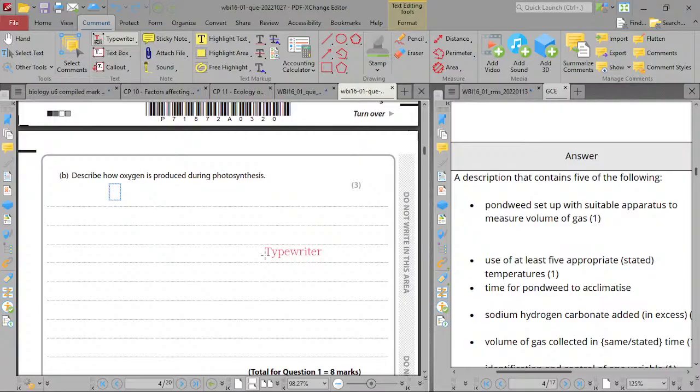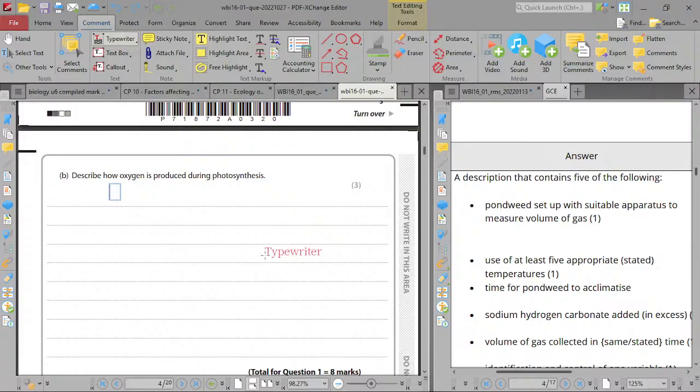It's produced through that thing, right? That other thing in the light independent reactions. No, the light dependent reactions.